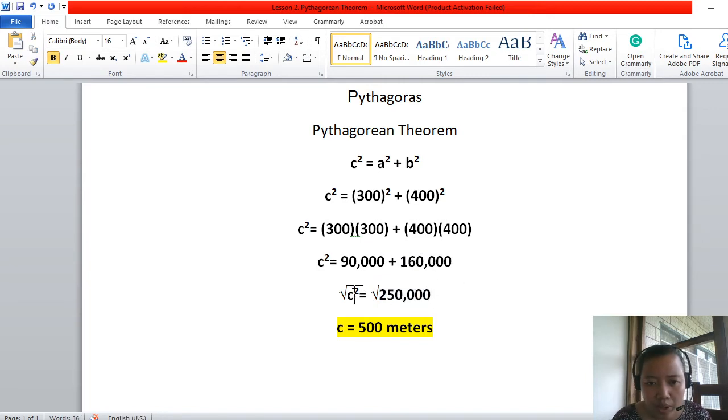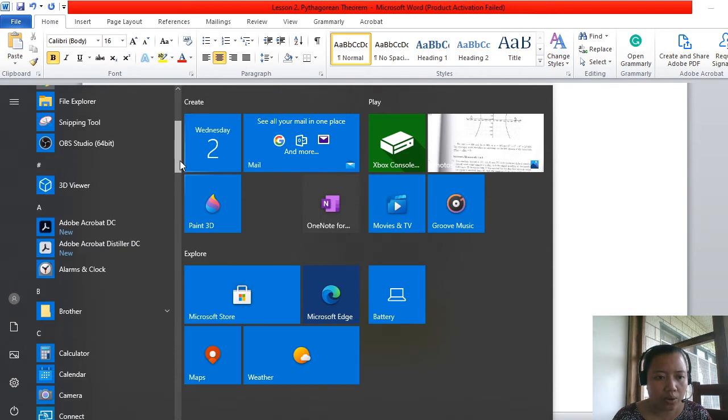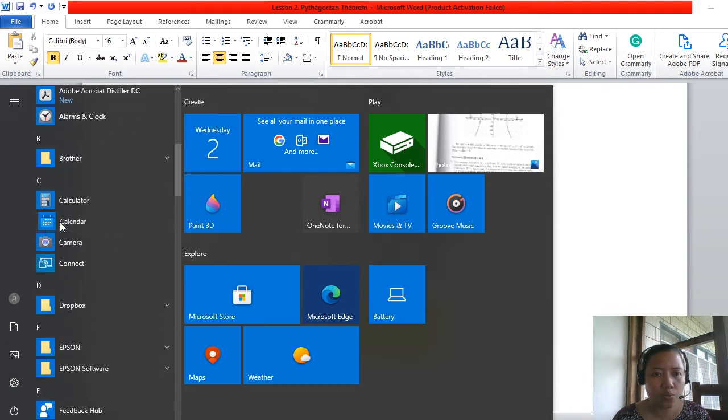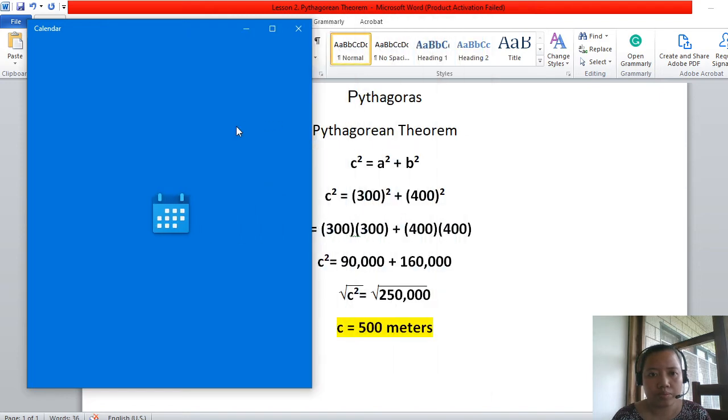Since we have this square for C, let us extract the square using the square root. So let's get the square root of both sides. So using your calculator, we are going to get now the square root of 250,000.